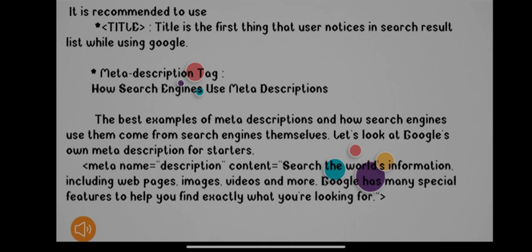Whenever you open the source code of any website, you will often see that a meta tag is always included in that source code. Here is a simple example of how a meta tag is used. The meta tag is used, after that the name attribute is used, then you can provide the name, and then content.